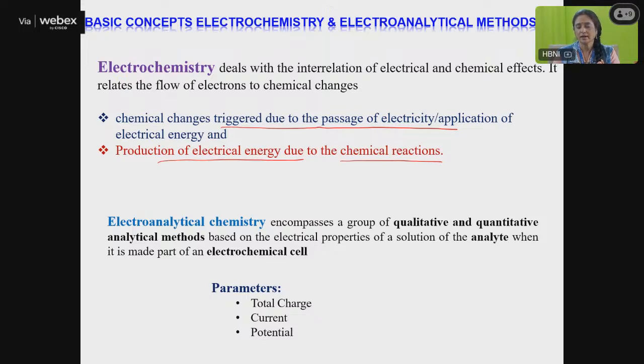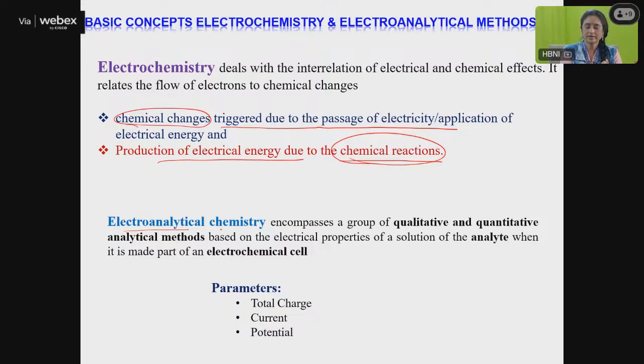Now these are two different things. In one case, the chemical changes are the cause of electricity. In another case, you are providing electrical energy to do a reaction. So based on this, there are two different types of electrochemistry.